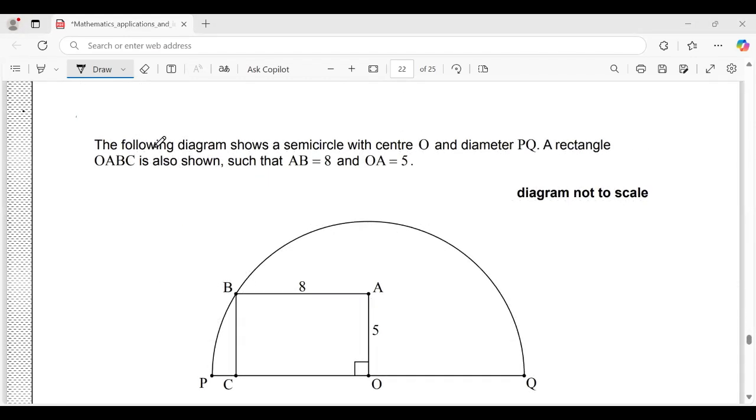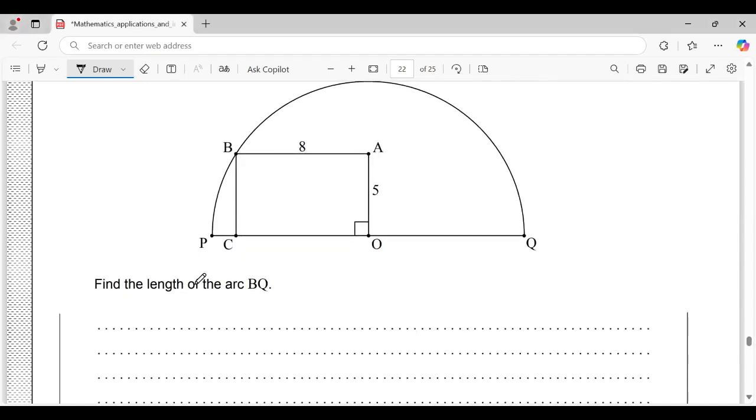The following diagram shows a semicircle with center O and diameter PQ. A rectangle OABC is also shown such that AB equals 8 and OA equals 5. This is the diagram. Find the length of arc BQ.